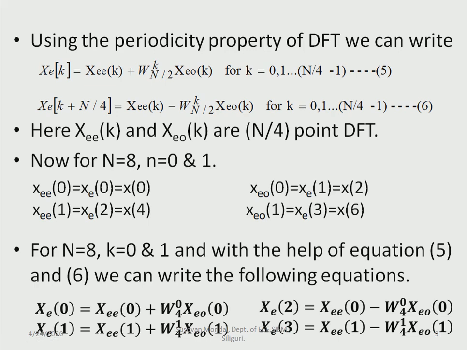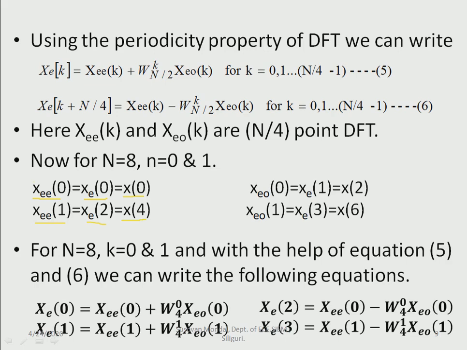In these equations, if we put capital N equal to 8 and n equal to 0 and 1, this is basically x of 0. This is nothing but x even of 0. This will be termed as even of 0, as I showed earlier. So x of 4, what is this? x even of 2. This x even of 2 is nothing but x even of 1.